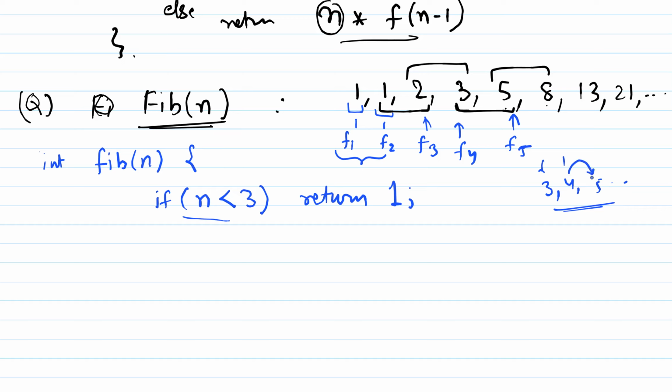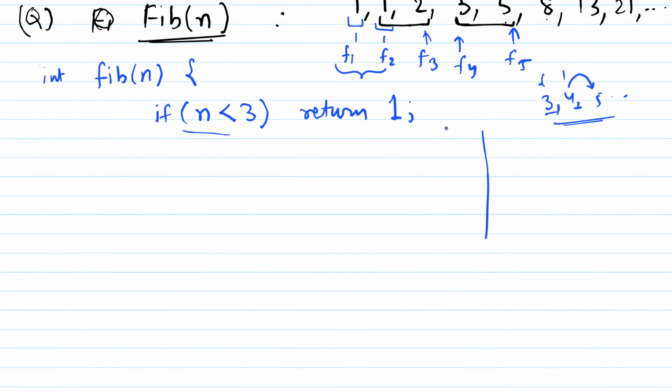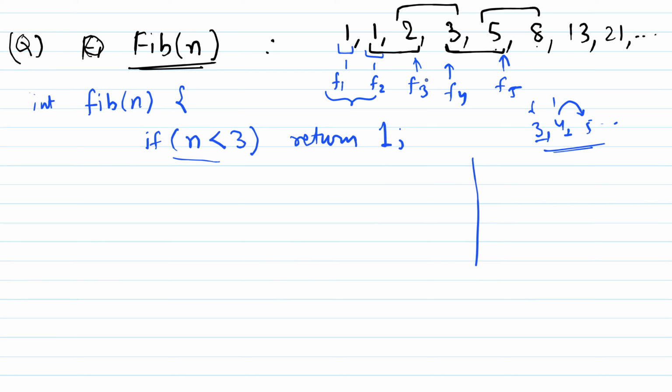That is, is there some link that I can find? So you may have to do lots of rough work, some calculation, and try to visualize what's the relationship between 3, 4, 5 and so on. It's not specific to this Fibonacci problem, it's in general. So here you see that the nth Fibonacci number is the sum of previous two, that is fifth Fibonacci number is the sum of f3 and f4. So fib 5 is equal to fib 4 plus fib 3.